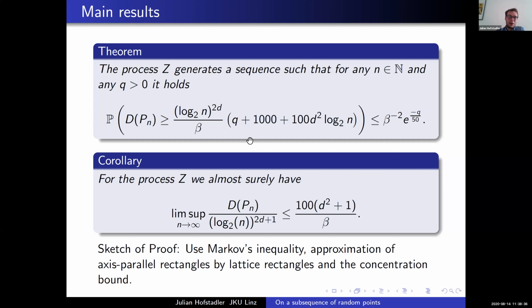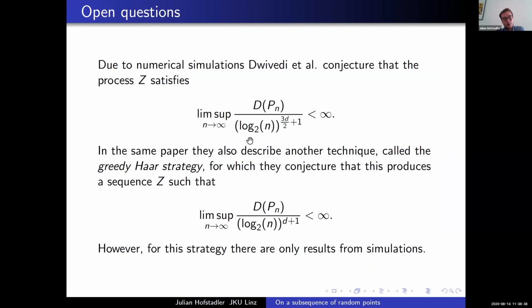But there are still some open questions which are due to numerical simulations which the authors did. So the first is they conjecture that the process Z should satisfy a better asymptotic bound, because here you see that log n has a smaller exponent in this term, and they think the asymptotics should still be finite.